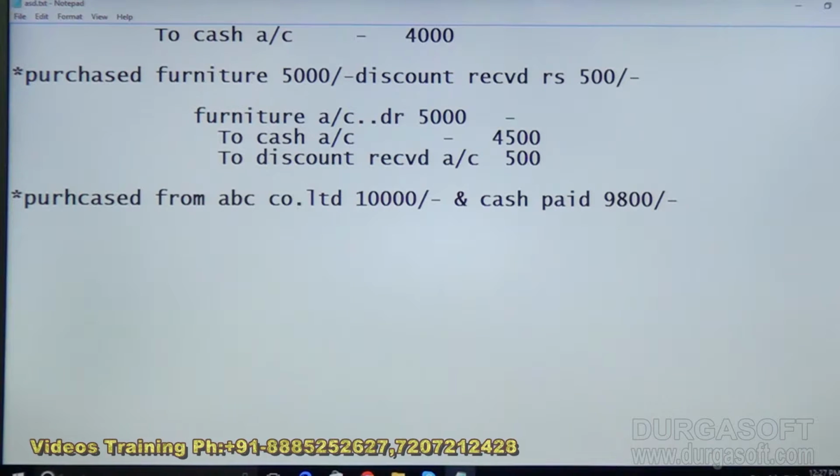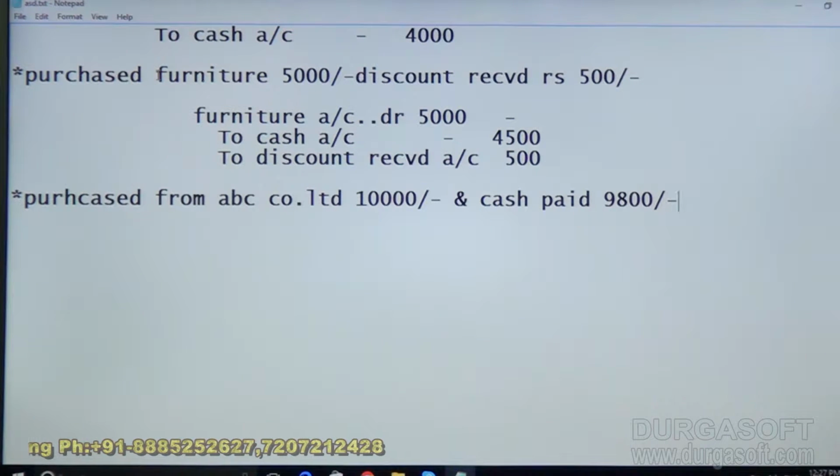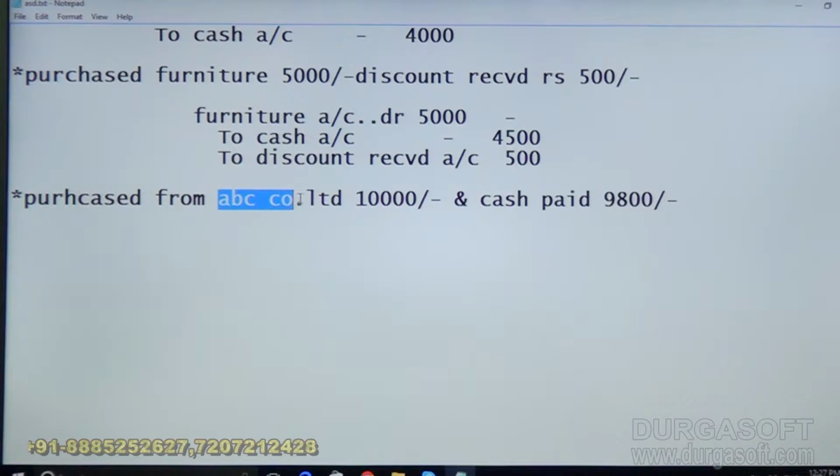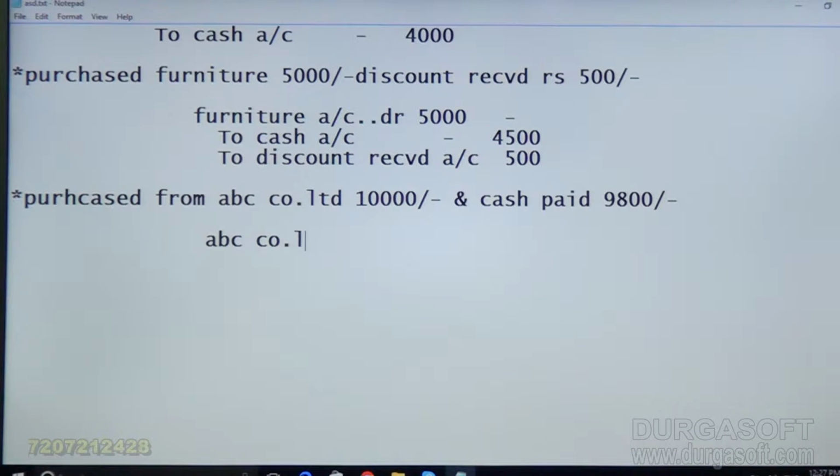And purchase from ABC Company Limited 10,000 and cash paid 9,800. In the same way, earlier we saw the stock name, but here we see the company name. So what is the entry here? ABC Company Limited, how much amount in total? 10,000.